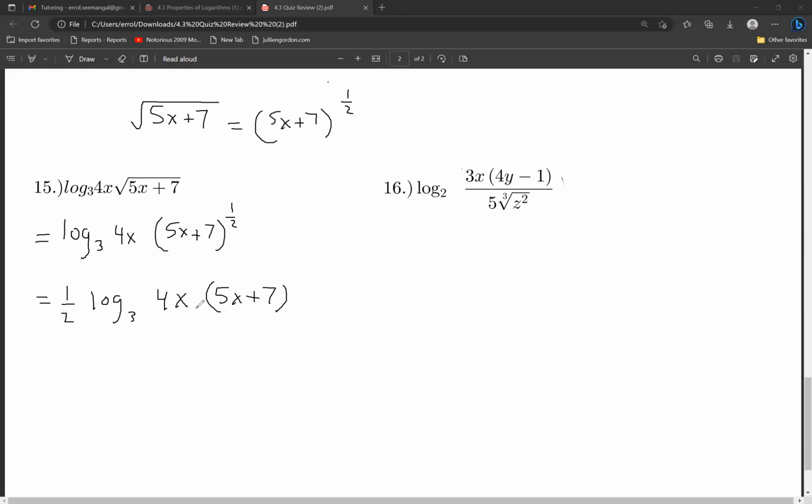Okay, so this is a multiplication here, right? So we know it's multiplication, so now break it into two. Half log 3 4x. What's the other one? What's this one right here? And what sign goes there?